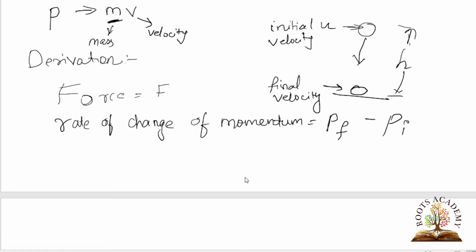Now the momentum of this object at this position will be written as P initial, and over here will be P final. This will be our rate of change of momentum. So force is directly proportional to this rate of change of momentum. I hope everyone is understanding this much.